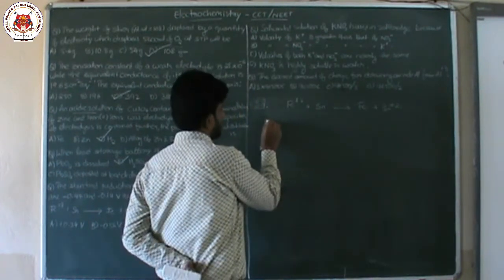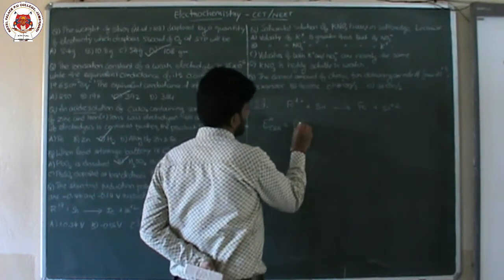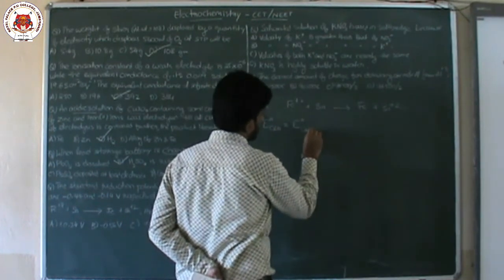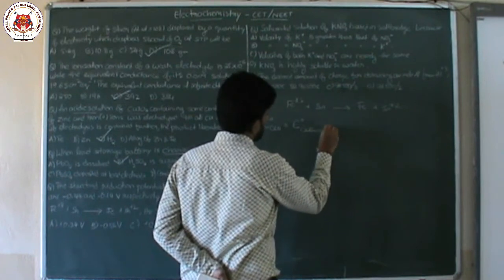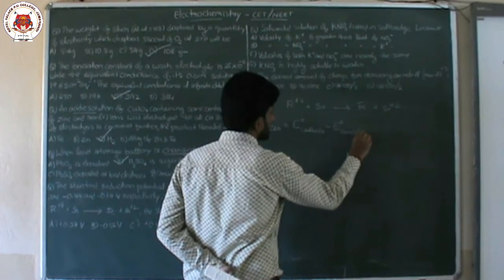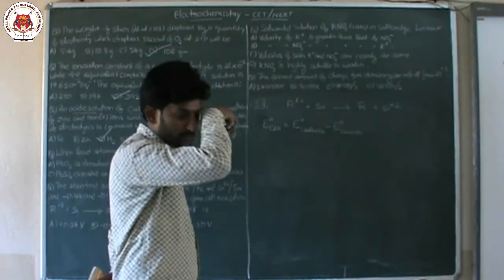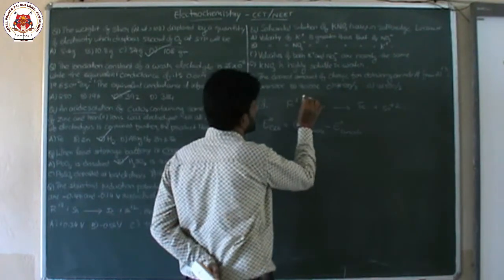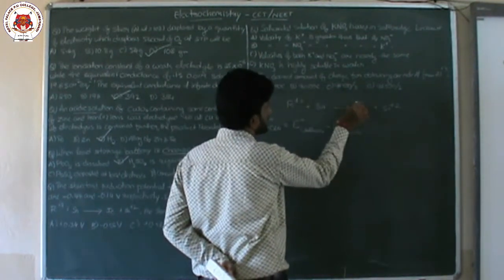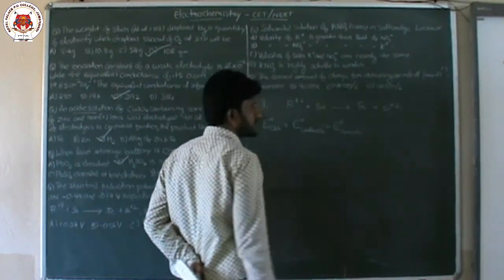Then what I can write? E0 cell is equal to E0 cathode minus E0 anode. Now with this respect, what is cathode and what is anode? Iron is undergoing a reduction. Tin is undergoing an oxidation.